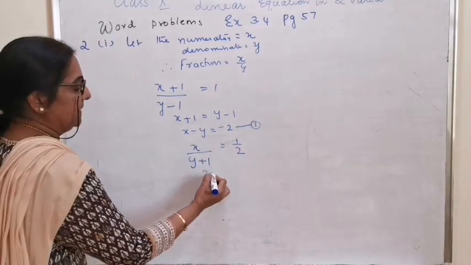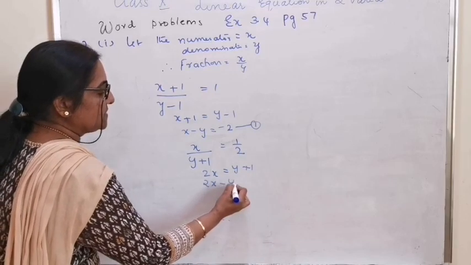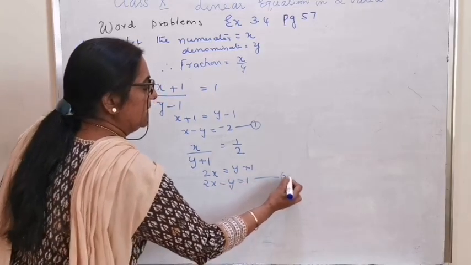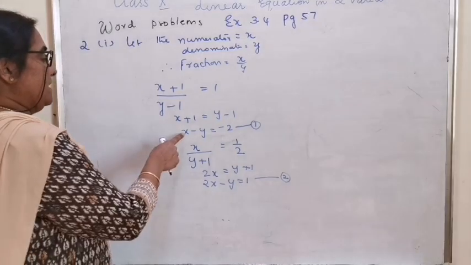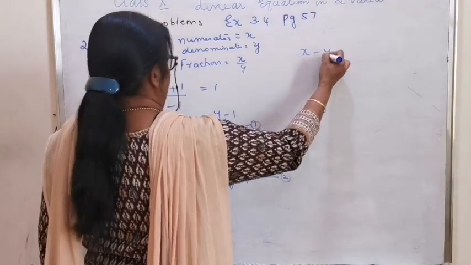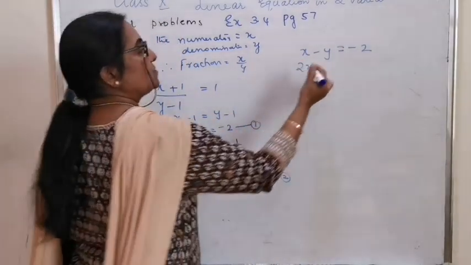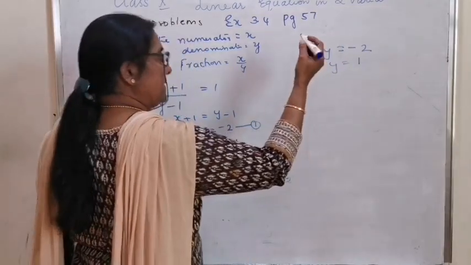When you cross multiply, 2x is equal to y plus 1, or 2x minus y is equal to 1, equation number 2. So x minus y is equal to minus 2, and 2x minus y is equal to 1.